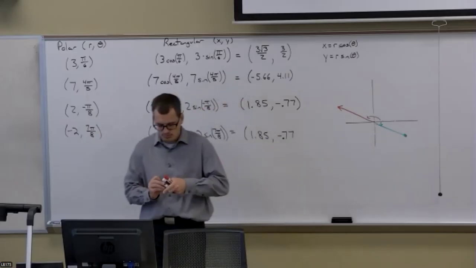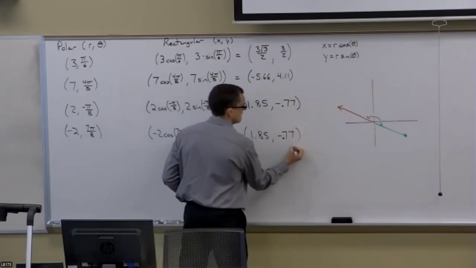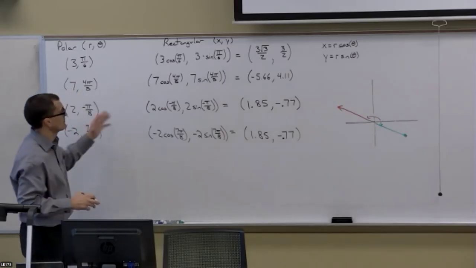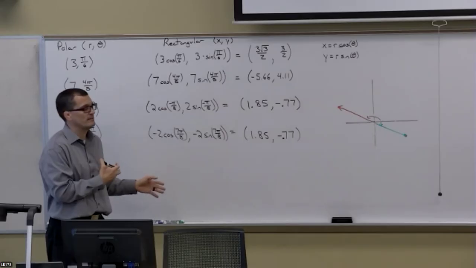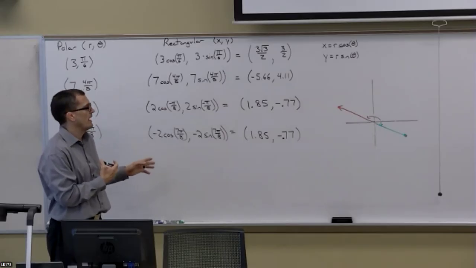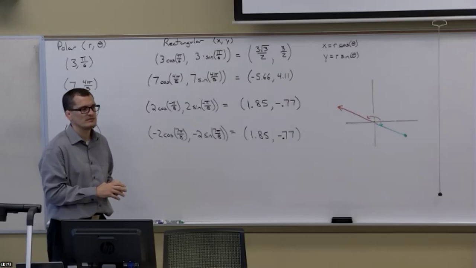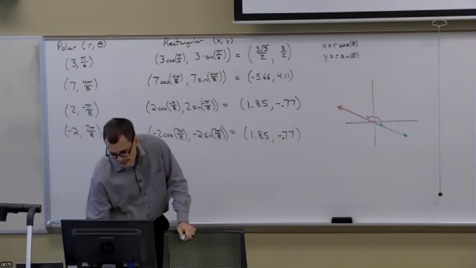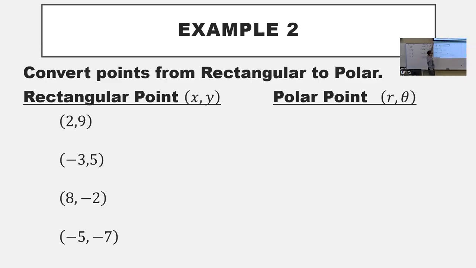Now, this is not a problem for us. That's not a big deal, going from polar to rectangular. When I go in the opposite direction, I'm going to have to specify what angle I want to use. Okay. And that's what we'll do in this situation.